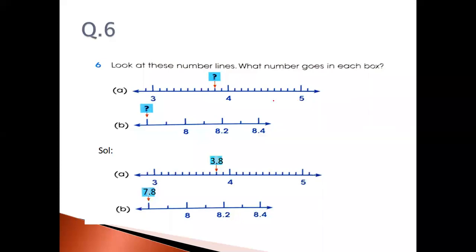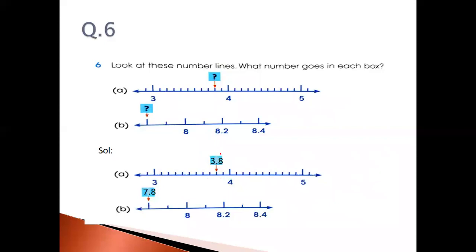So they said to find the missing number. How can we find it? It's very easy. For part A, you can see a box with a question mark. This box is nearer to the 4. So we can easily do backward counting, because before 4 there should be 3.9, since numbers between the whole numbers are in the form of decimals or fractions.